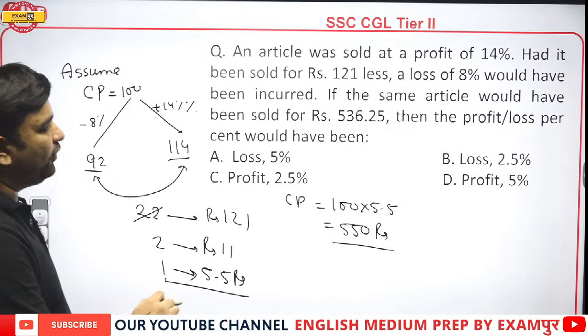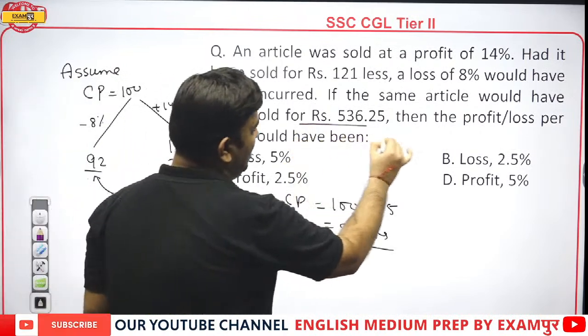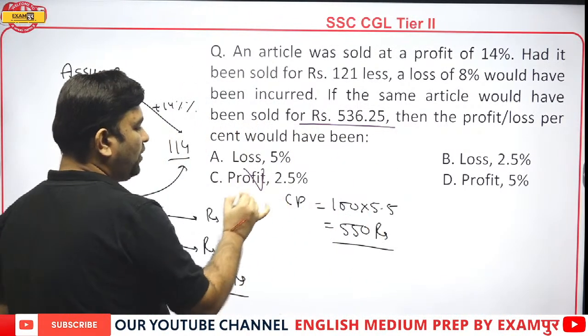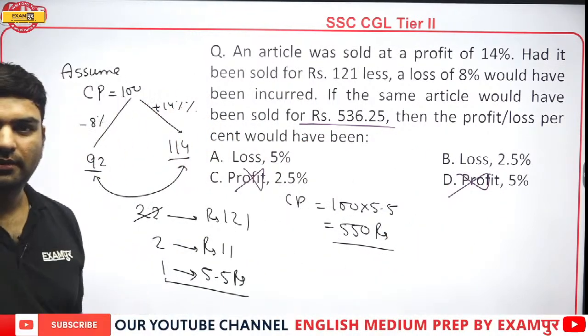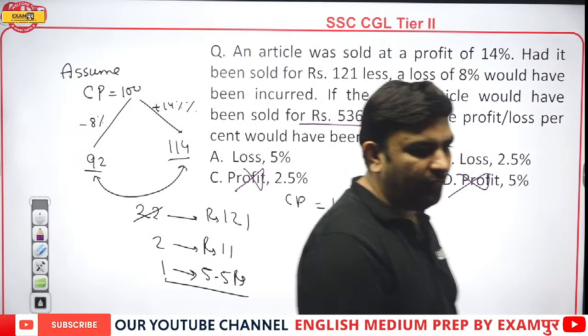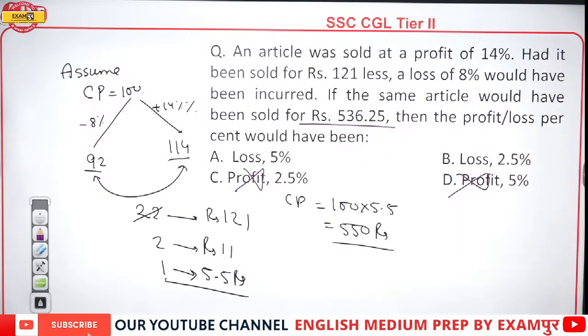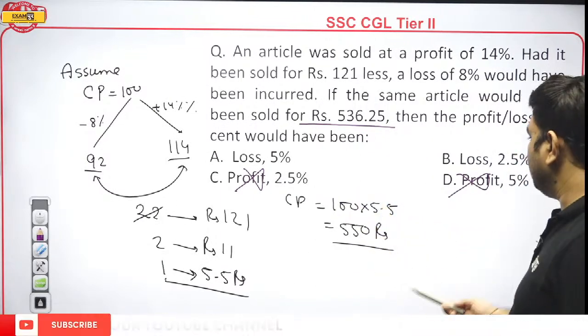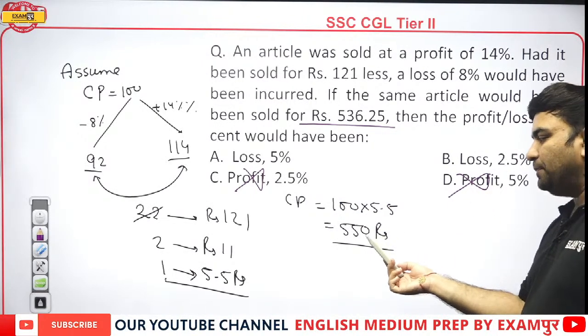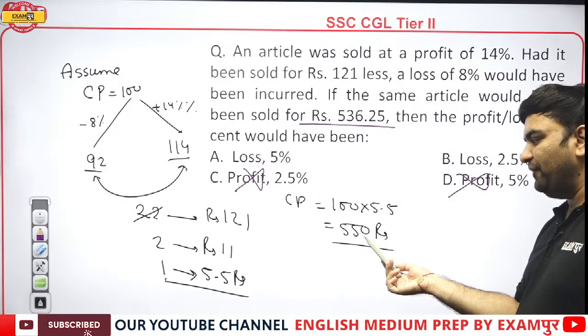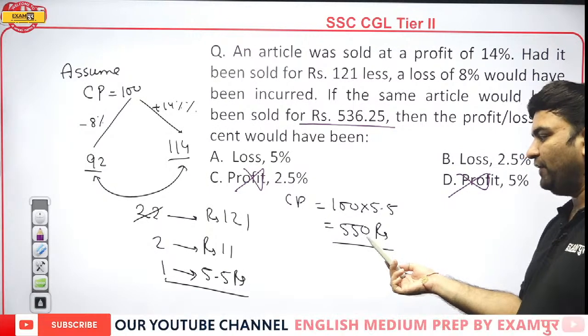Now, when you sell it for 536, definitely there is a loss. Profit gone. 5% or 2.5%? Because 10% of it is 55, so 5% is 27.5.